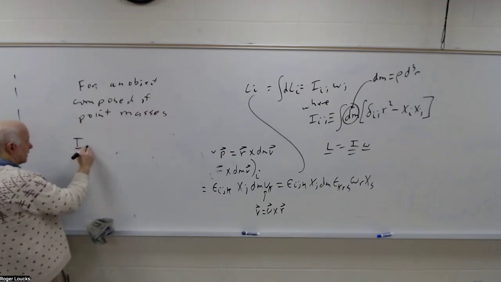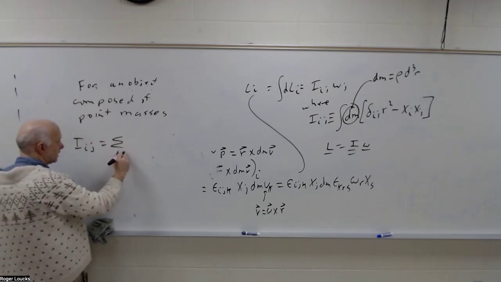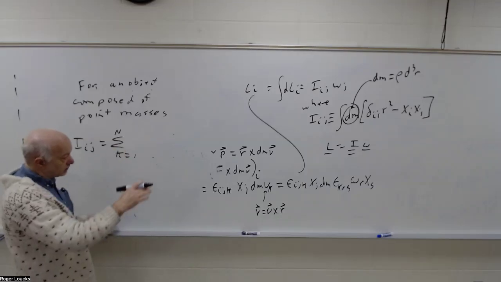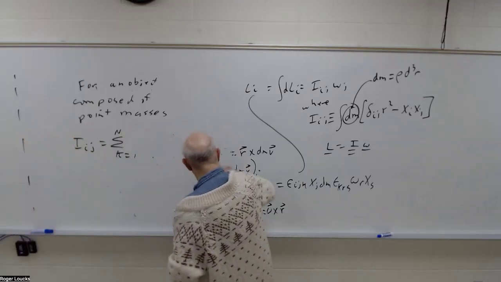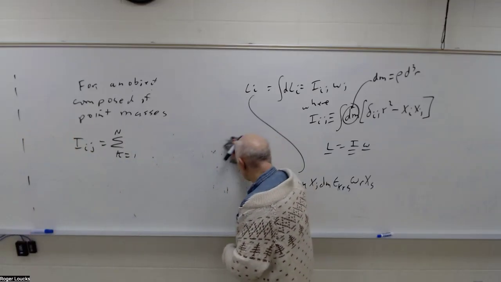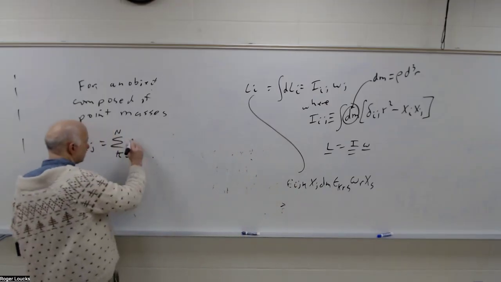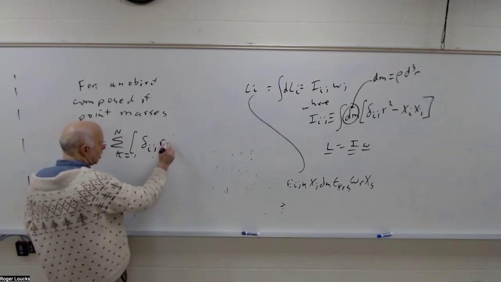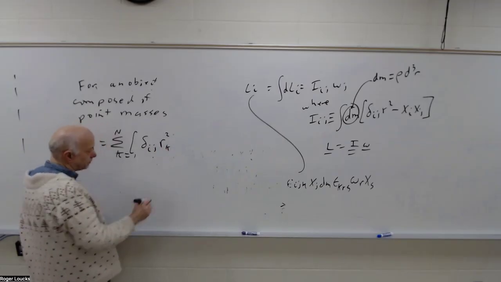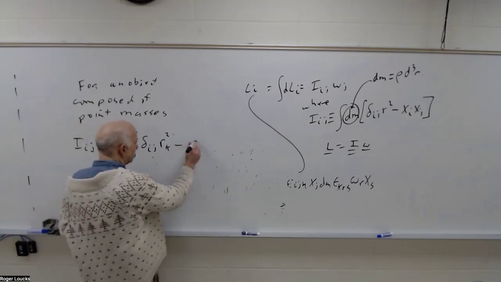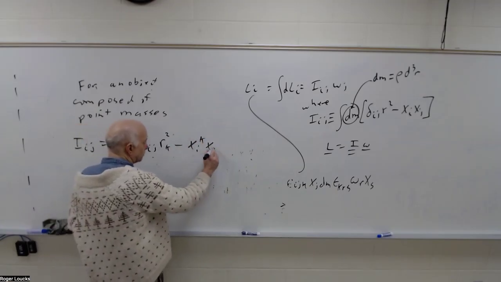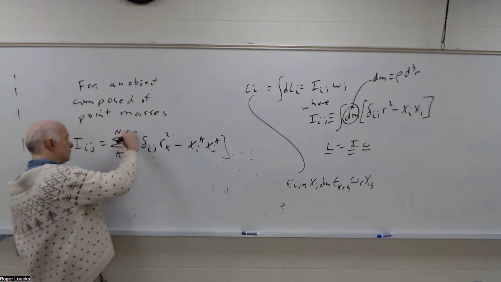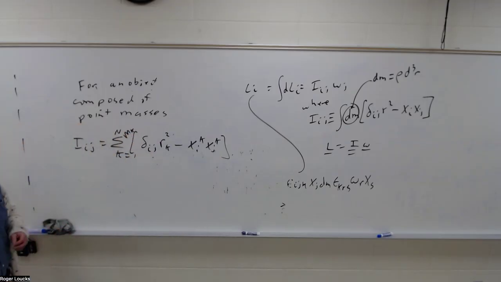We're going to have this guy here is going to be a sum from k going from 1 to n. And that's going to be the number of point masses here. We basically put k's on everything here. So we have this delta ij, r squared with the kth particle minus xi for the kth particle, xj for the kth. And then there should be an mk there that I dropped.